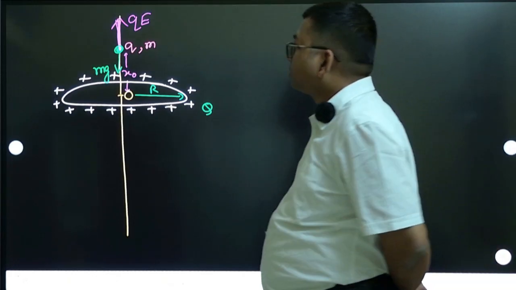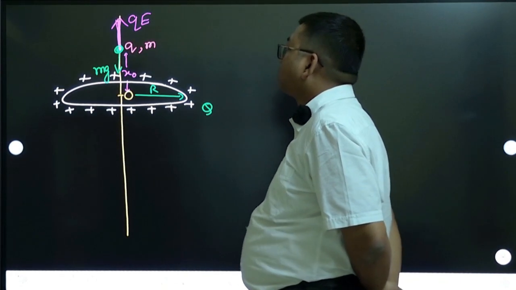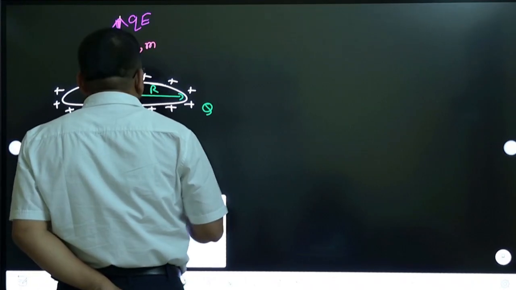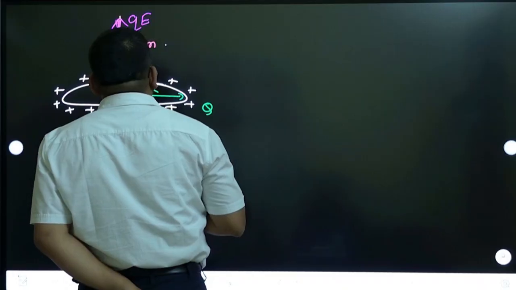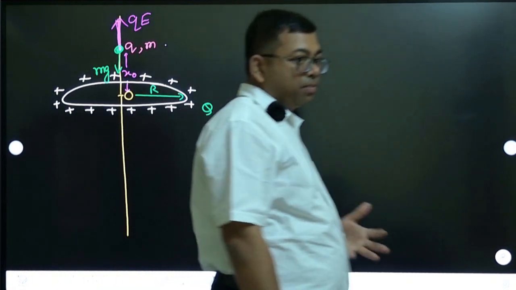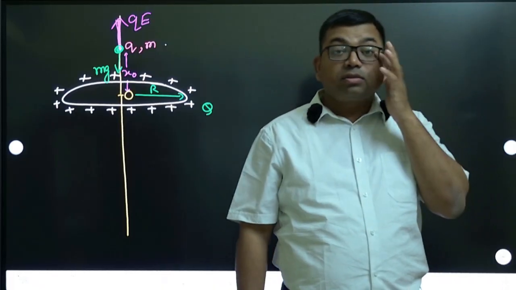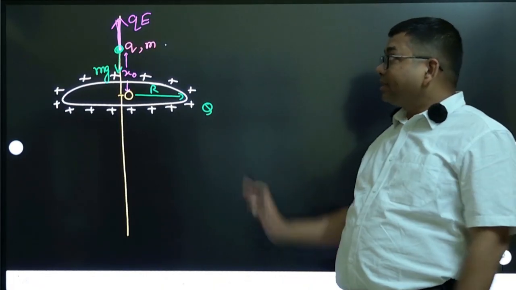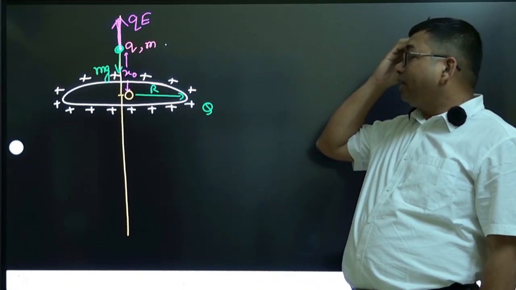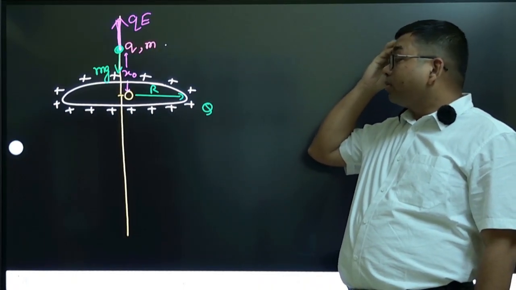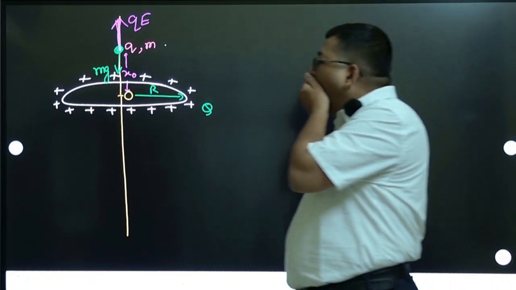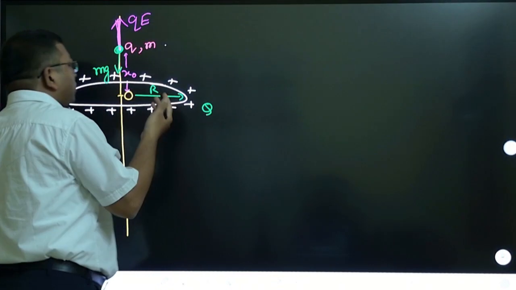Suppose first of all you calculate what should be x naught. We already know the graph of the field, there is a particular point where the field is maximum. Because qE is variable along the axis, at a particular point qE is maximum. So what will happen if you take the net force?